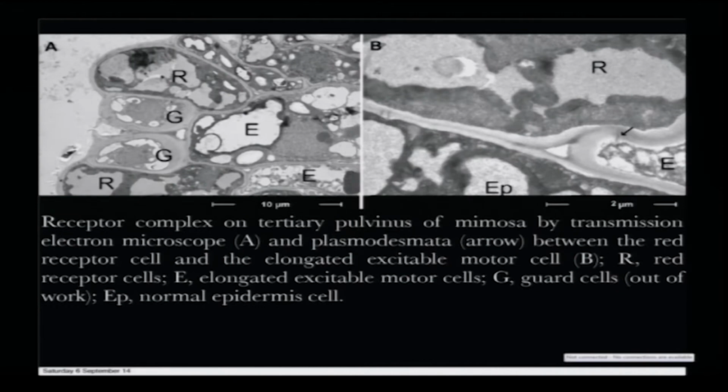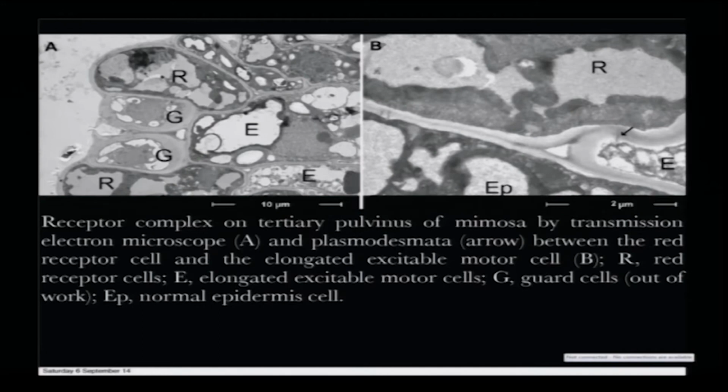R stands for the red receptor cells, G stands for the guard cells, and EP are the normal epidermal cells, and then you have the excitable motor cells. So, this is how this whole complex structure looks like.